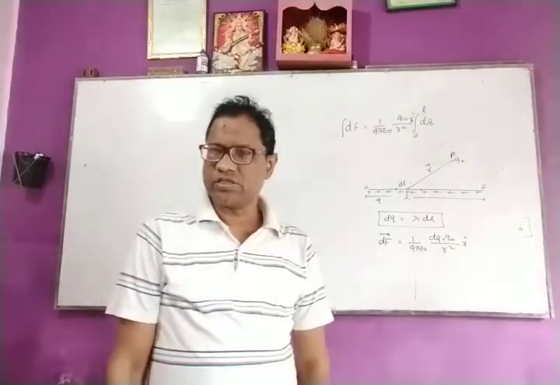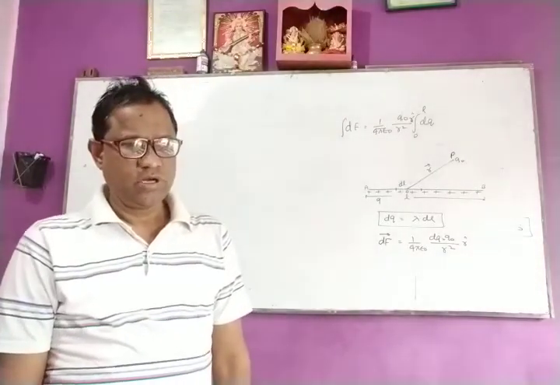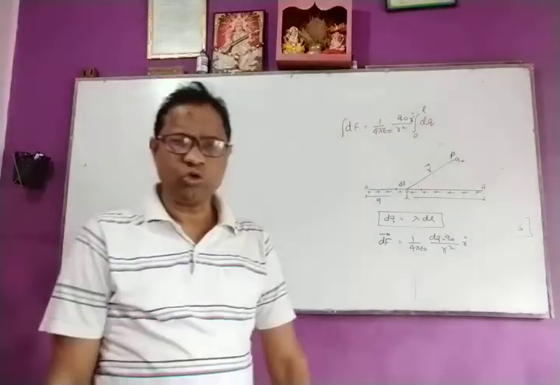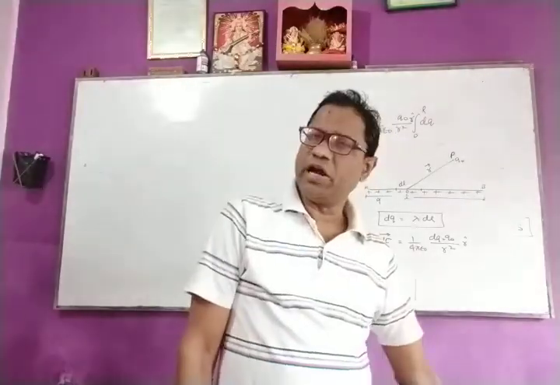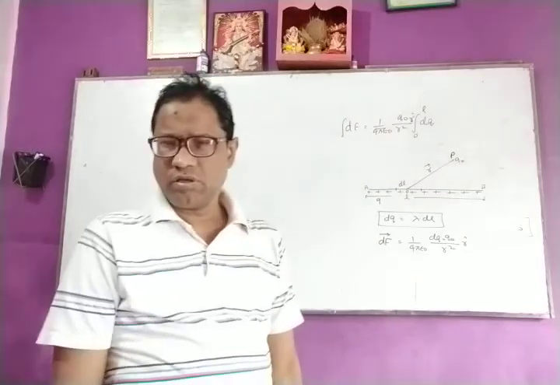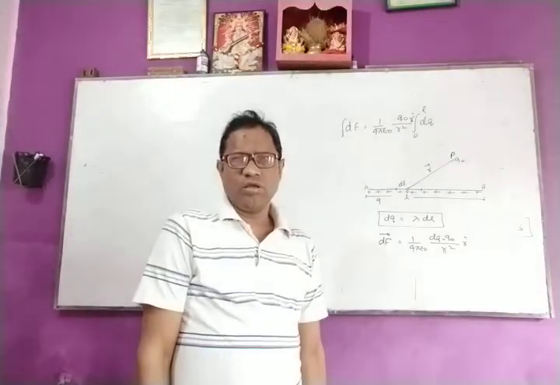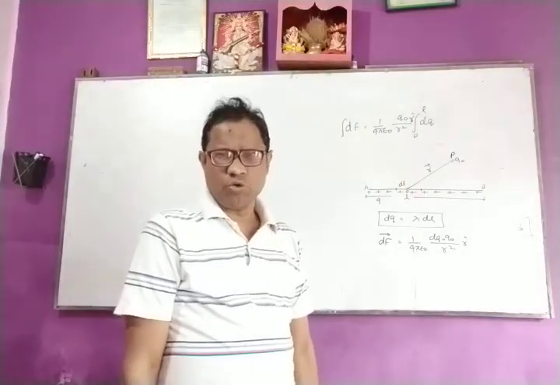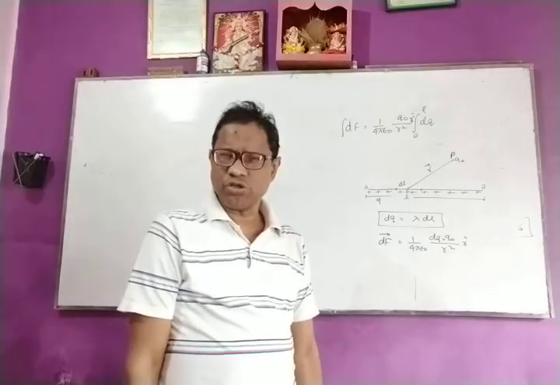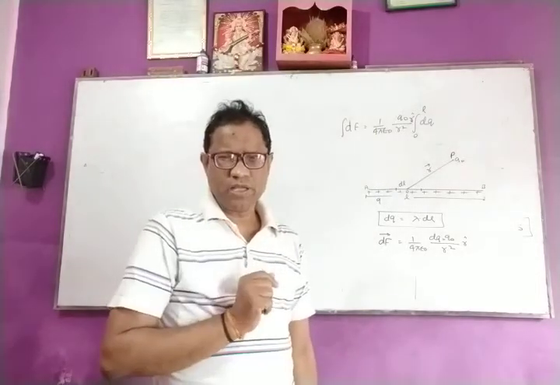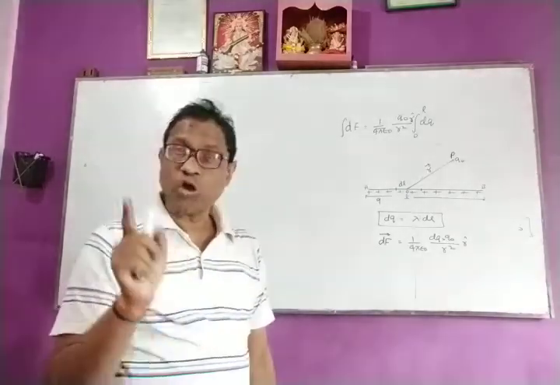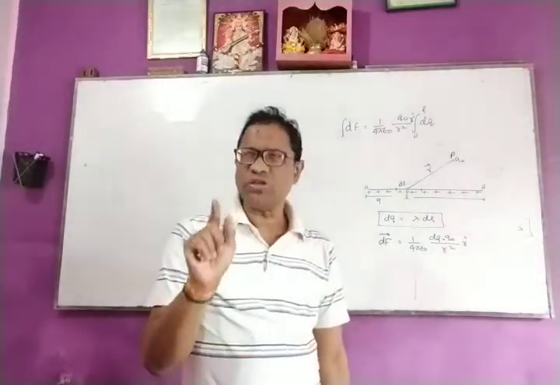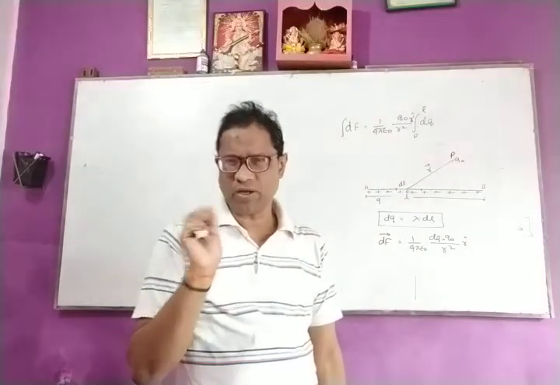Second, surface distribution of charge, it is two dimensional. Continuously charged Q is distributed on the surface. So then consider a plane sheet of surface area S on which charge Q is distributed uniformly.